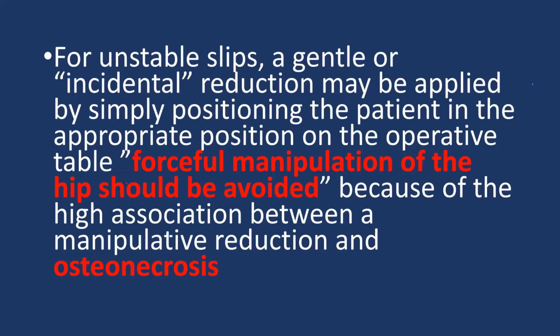For unstable slips, a gentle or incidental reduction may be applied by simply positioning the patient in the appropriate position on the operative table. Forceful manipulation of the hip should be avoided because of the high association between a manipulative reduction and osteonecrosis.